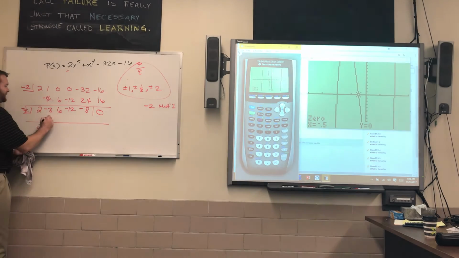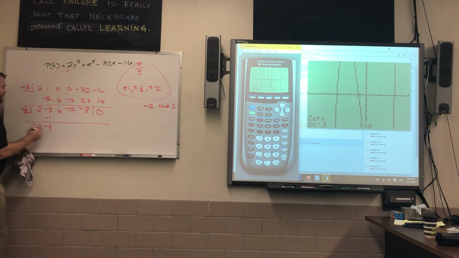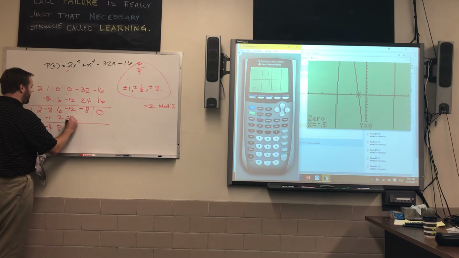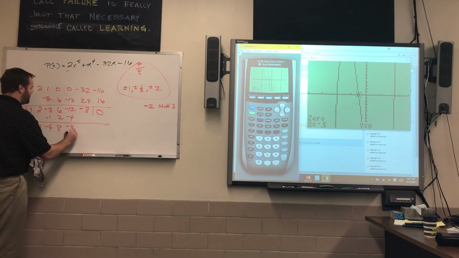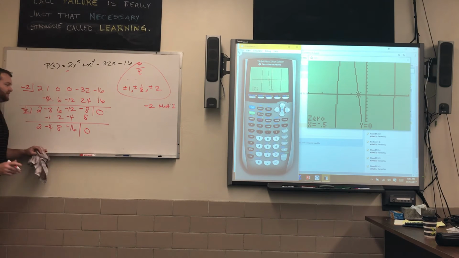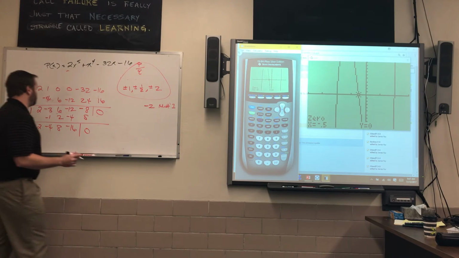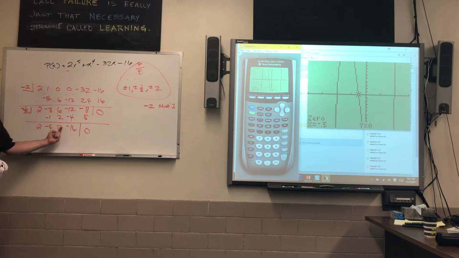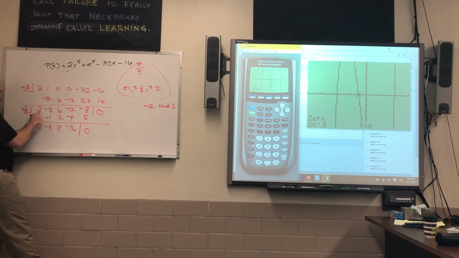Bring my 2 down, gives me -1, -4, multiply gives me 2, there's my 8, -4, gives me -16, and now that gives me, what, +8? And there's my 0. Okay? So, positive, negative, okay, tells me for this, and it's not the original p of x, it's just this depreciated p of x, which is 2x to the 4th, basically tells me to the left of -1/2, you don't have any more zeros.